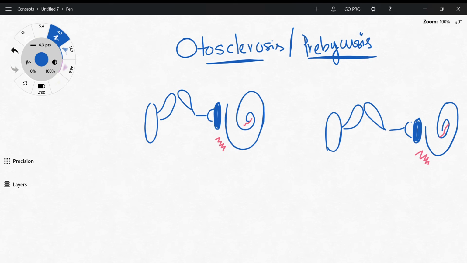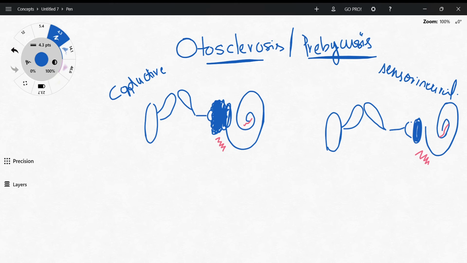Otosclerosis means that the footplate of the stapes becomes really bony and sclerosed. It becomes very stout and wonky, and it presses upon the oval window in that manner, right? So this is considered a type of conductive hearing loss, and this is a type of sensorineural hearing loss, right?